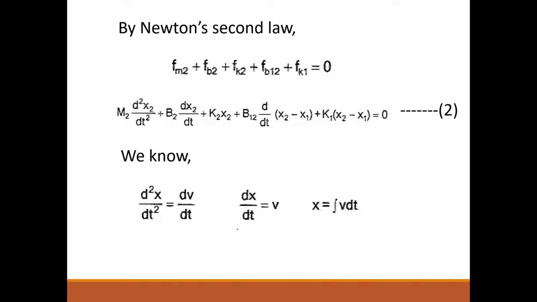What is it? dx by dt is v. If dx by dt is v, what is x? x is equal to integral of v dt. And what about d square x by dt square? That is dv by dt. So dv by dt is d square x by dt square. dx by dt is v and x is integral of v dt. This is integral. Okay.